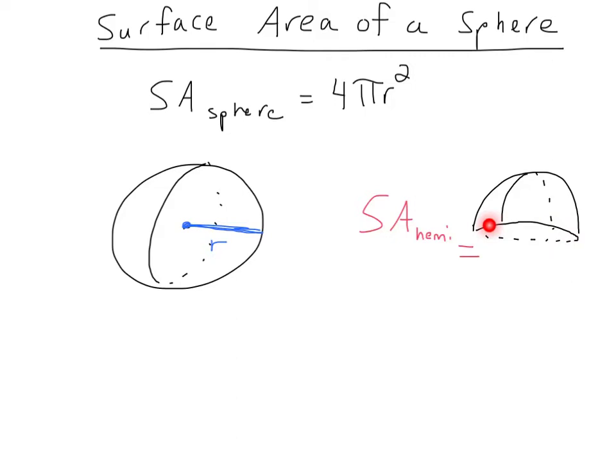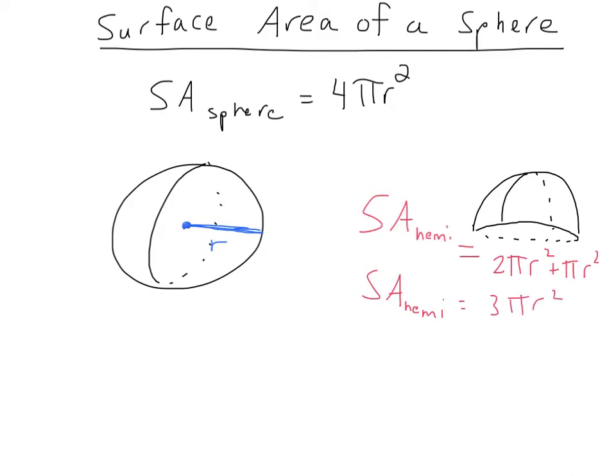Well, you could say, okay, you chopped it in half, so it's 2 pi r squared. However, if this circular base on the bottom is also going to be painted, you'll have to add that to it. And so the surface area of a hemisphere is going to be 3 pi r squared.